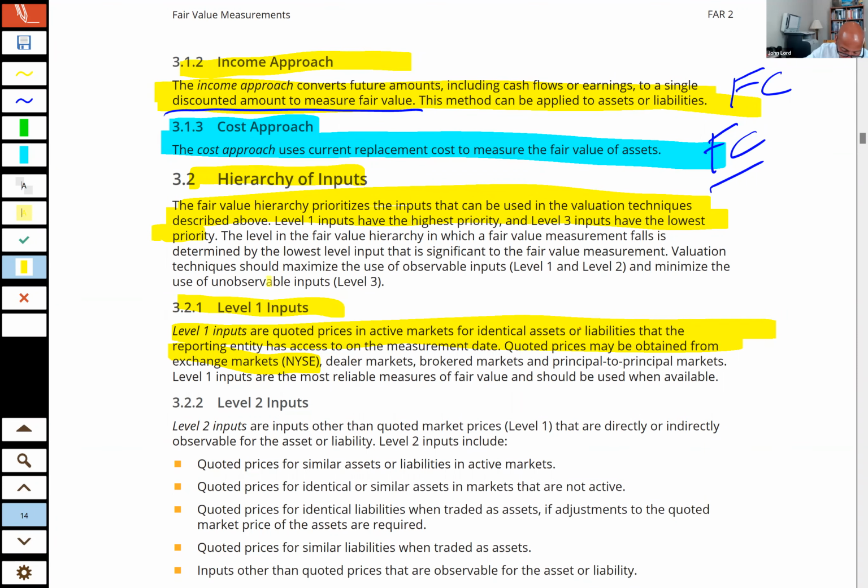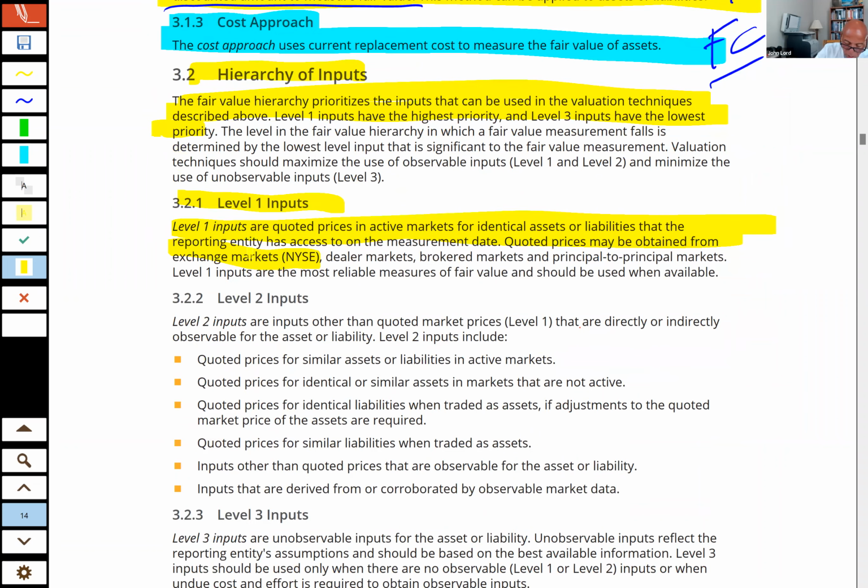Now, level 2 inputs are a little more difficult because you may not have quoted prices for that exact item, but you could look at quoted prices for similar assets. So maybe it's a stock that's not listed, so you can't look to the stock exchanges for the fair value of that, but there's a stock of a company that is very similar to Apple, let's say.